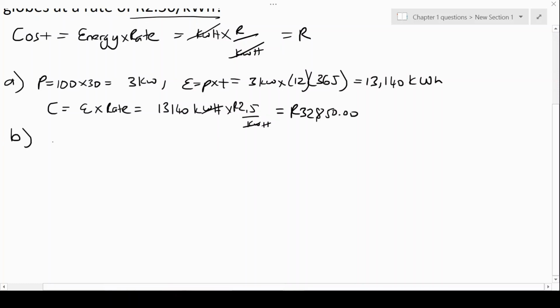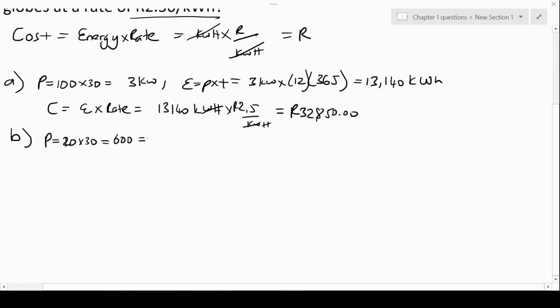Right, and then the second scenario, the load would rather be 30 times 20 watts. So the 100 watts have been replaced with 20 watt LEDs. There's 30 of them, so that gives us 600 watts.